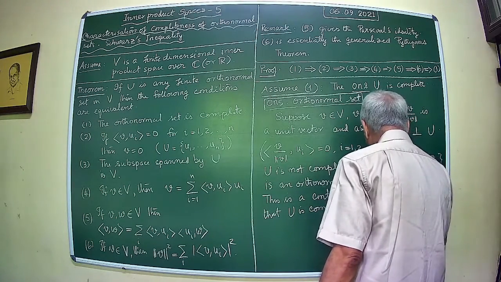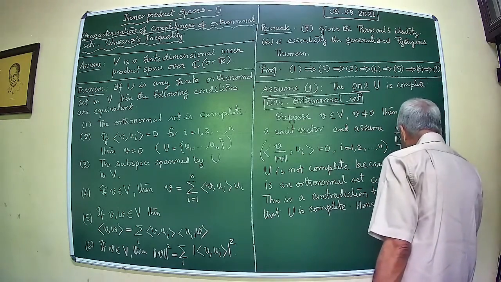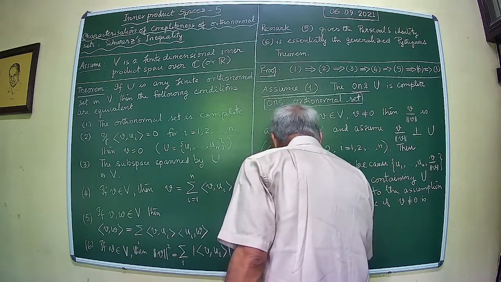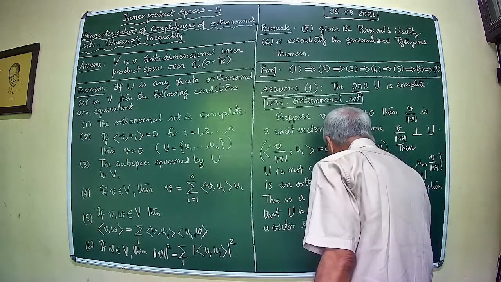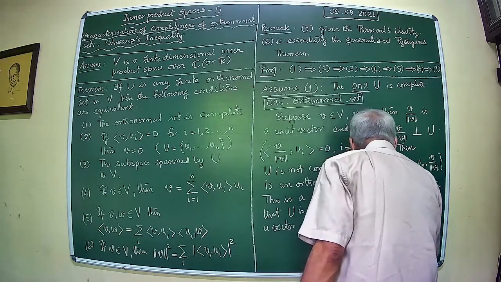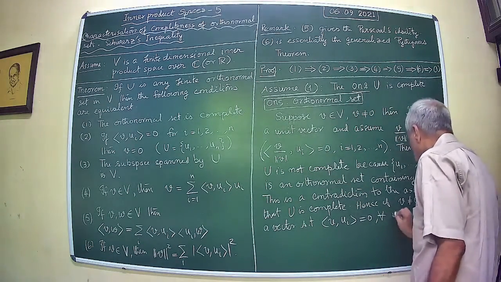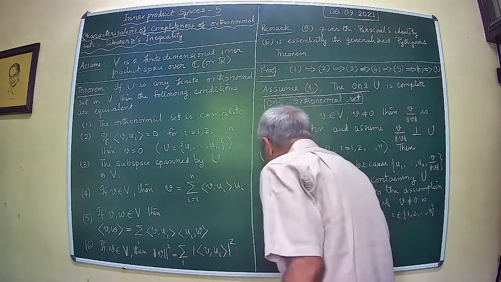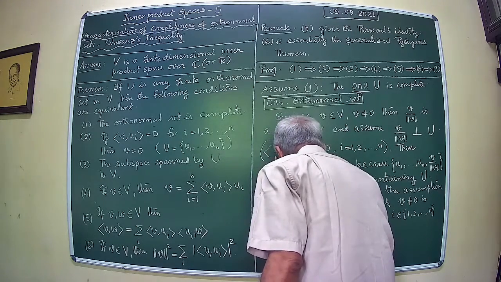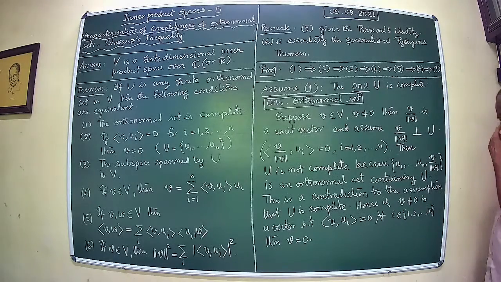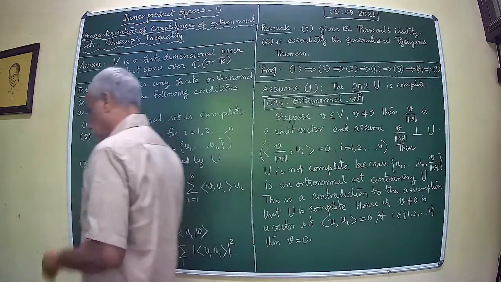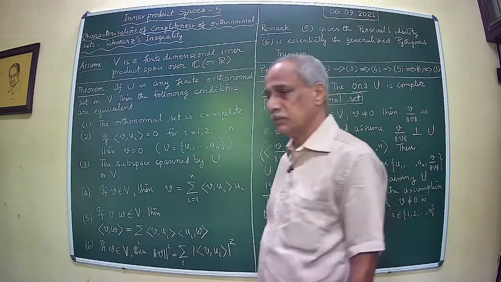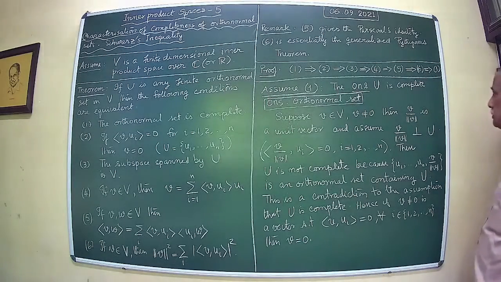Hence, if V is a vector such that this holds, so if there exists a non-zero vector with this property, then certainly your given set U is not complete.